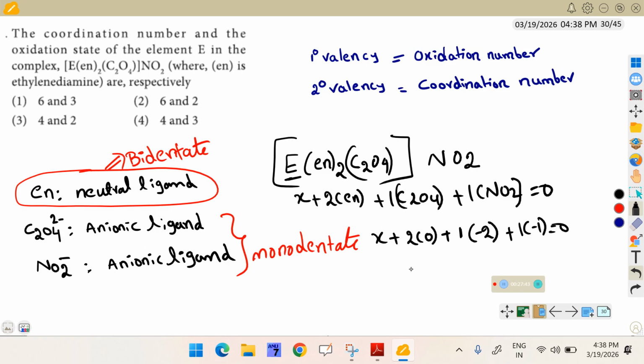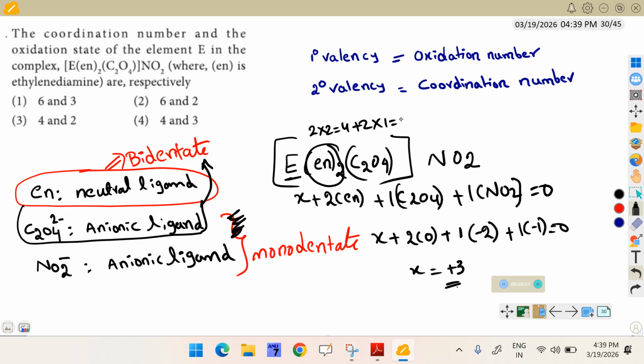Now X is equal to plus 3. Oxidation state is plus 3. And coordination number: en is a bidentate ligand, and C2O4 2 minus is also a bidentate ligand. So 2 twos are 4, plus 2 ones are 2. 4 plus 2 is equal to 6. Correct option, first option.